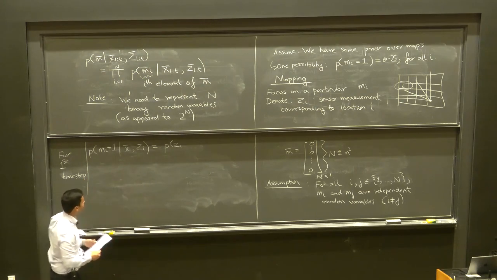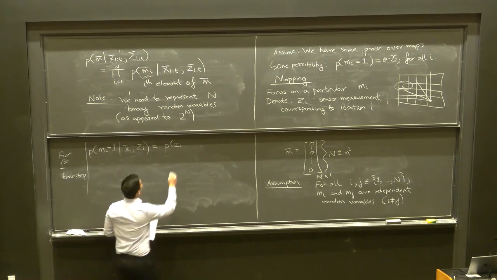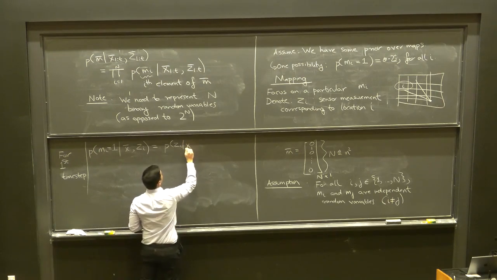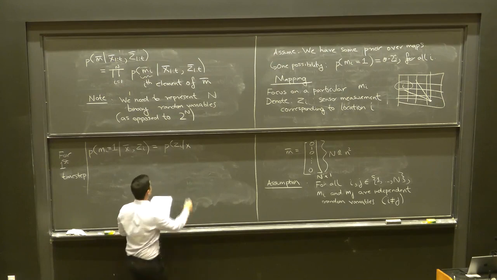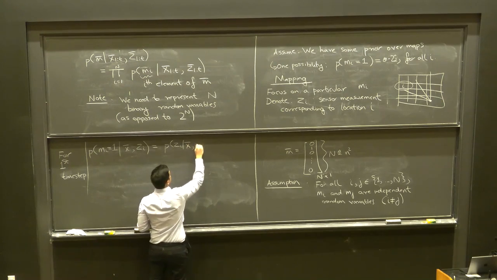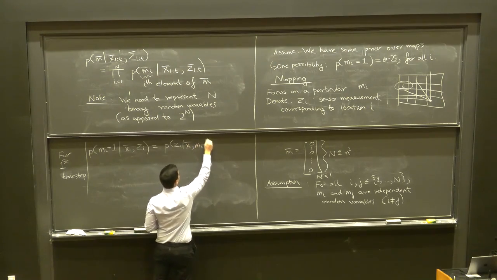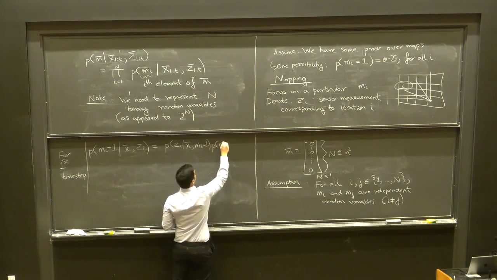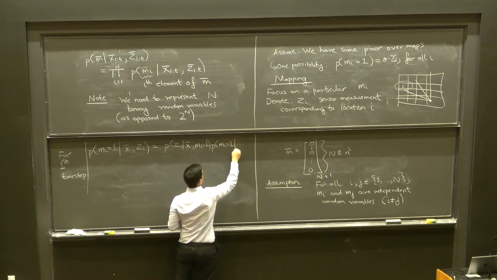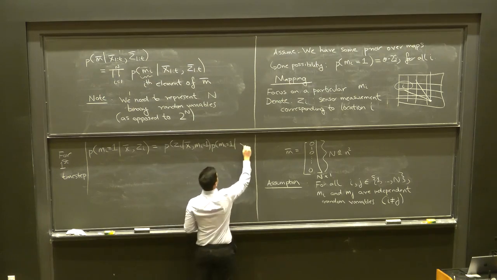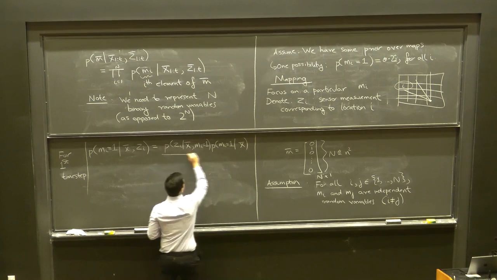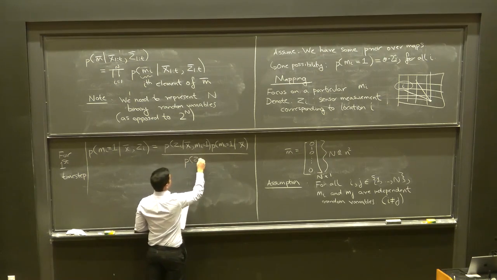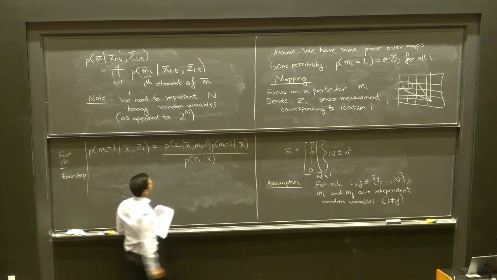But you can take my word for it that this is true. So this is equal to P of zi given x and mi equal to 1, times the probability of mi equal to 1 given x, divided by P of zi given x.